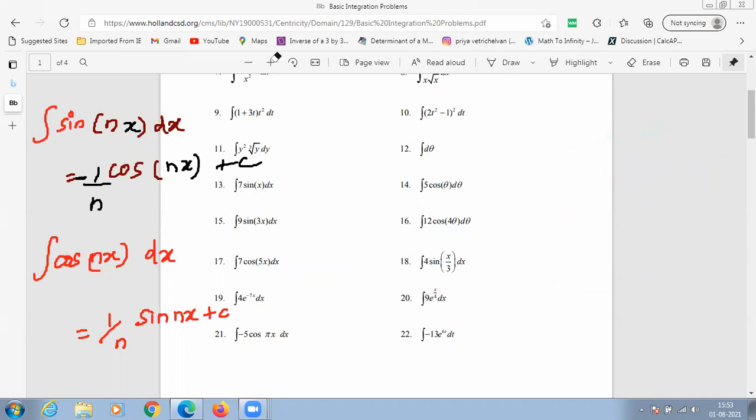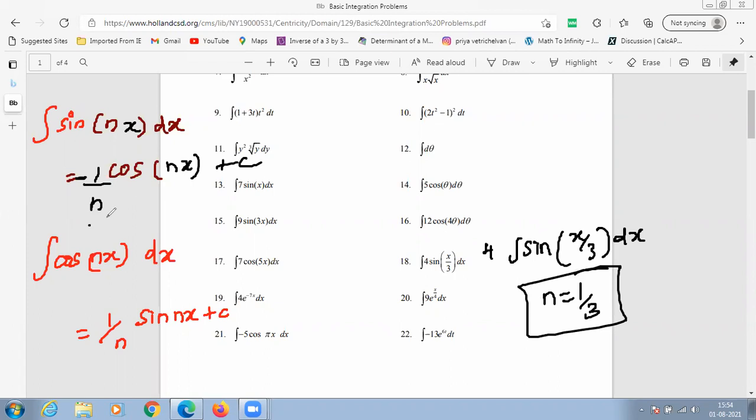See here. Here the coefficient of x is in the form of a fraction, right? So take the 4 outside. I will be having sine x by 3 into dx. And the coefficient of x is 1 by 3. So just substitute in this formula.